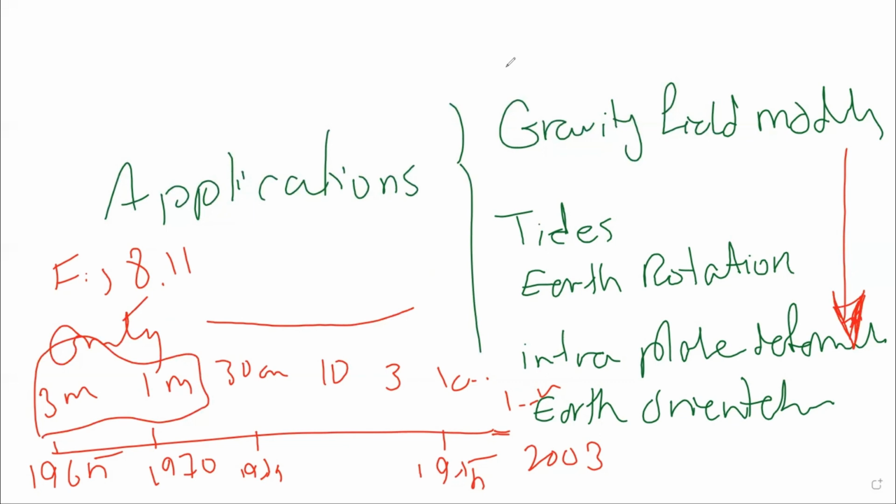And if you have geodetic coordinates, you can do the positioning, and in the positioning you can add SLR data as a constraint to improve the quality. And you can measure tides and also intraplate deformation, but sometimes only when you have high accuracy for it. These are the applications for that.